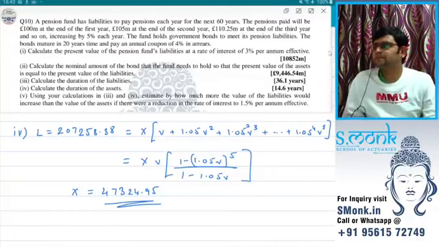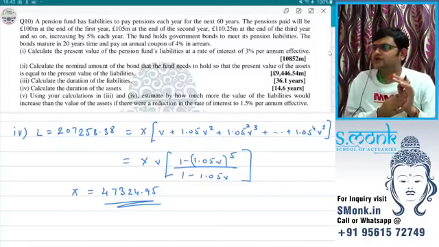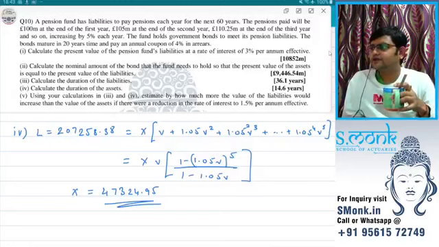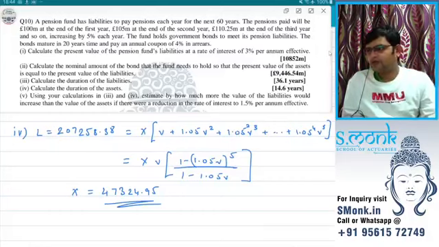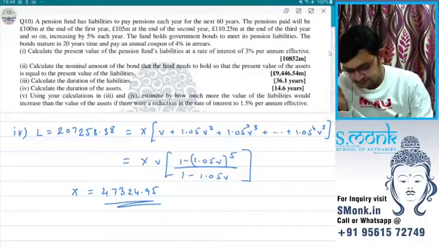Pension paid will be 100 million at the end of the first year, 105 at the end of the second year, and so on, increasing by 5% each year. The fund holds government bonds to meet its pension liabilities. The bonds mature in 20 years' time and pay an annual coupon of 4% in arrears. Calculate the present value of the pension fund's liabilities at the rate of interest of 3% per annum effective.